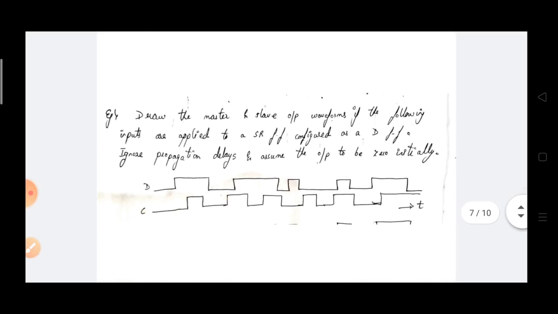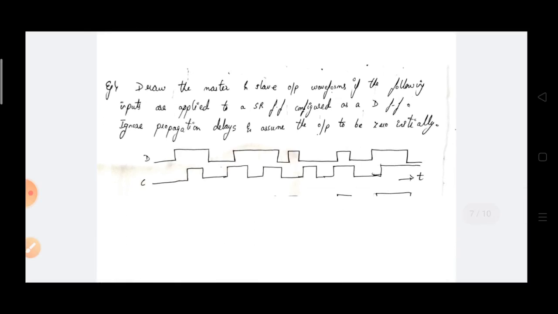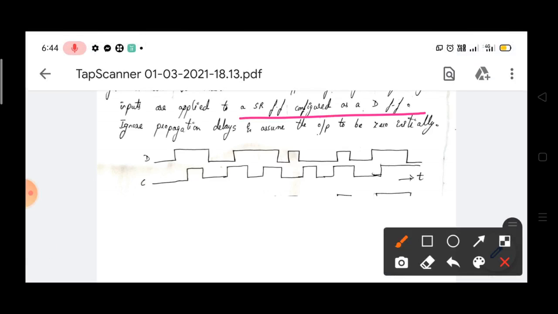Okay, see here you are asked to draw the master and slave output waveforms for an SR flip-flop configured as a D flip-flop. We are asked to ignore the propagation delays and assume the output to be 0 initially.